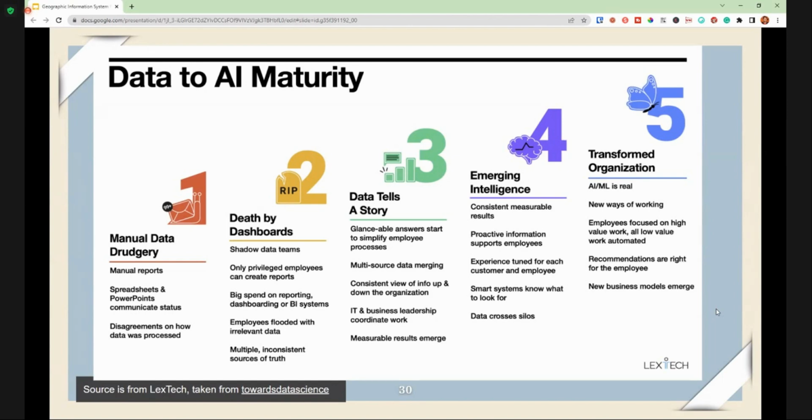Up to the 5th stage, where an organization is already using AI and ML, businesses are already using extensive dashboards, employees are focused on high value work, and all low value work is automated.